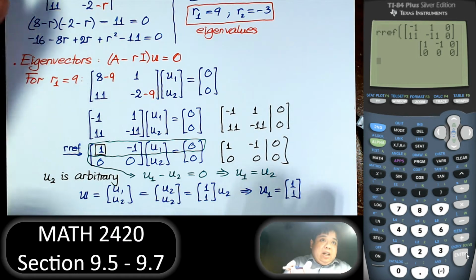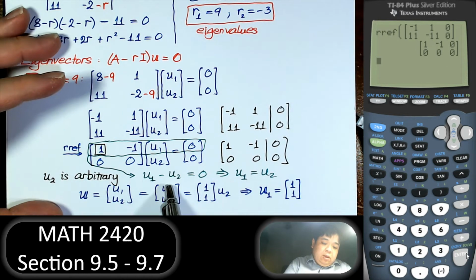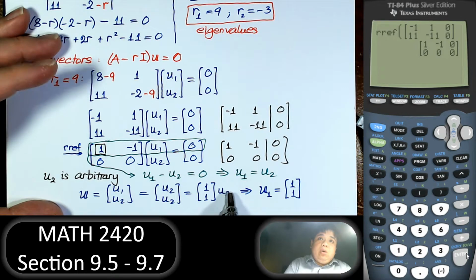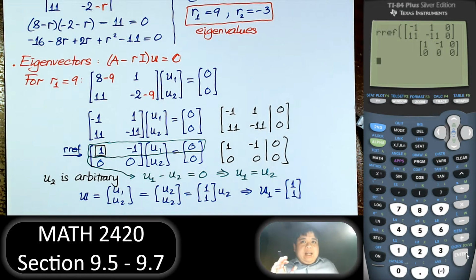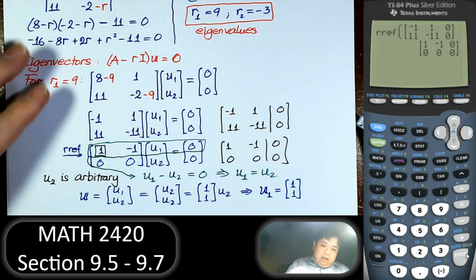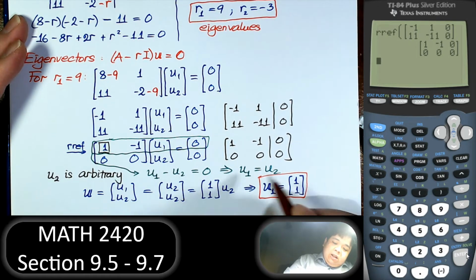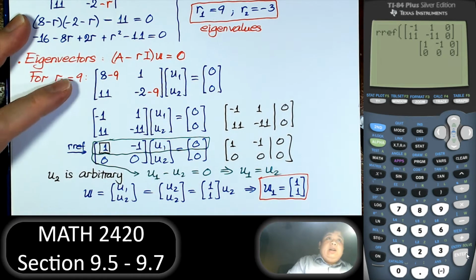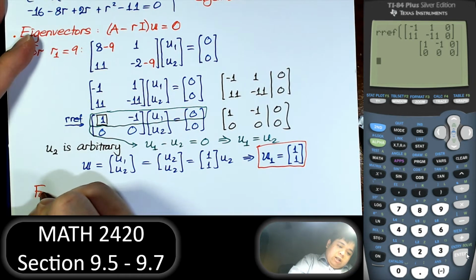But in linear algebra, we can just choose U2 to be 1, then U1 is 1 as well, and that is the eigenvector. Anything will work. So that is the eigenvector corresponding to the eigenvalue of 9.